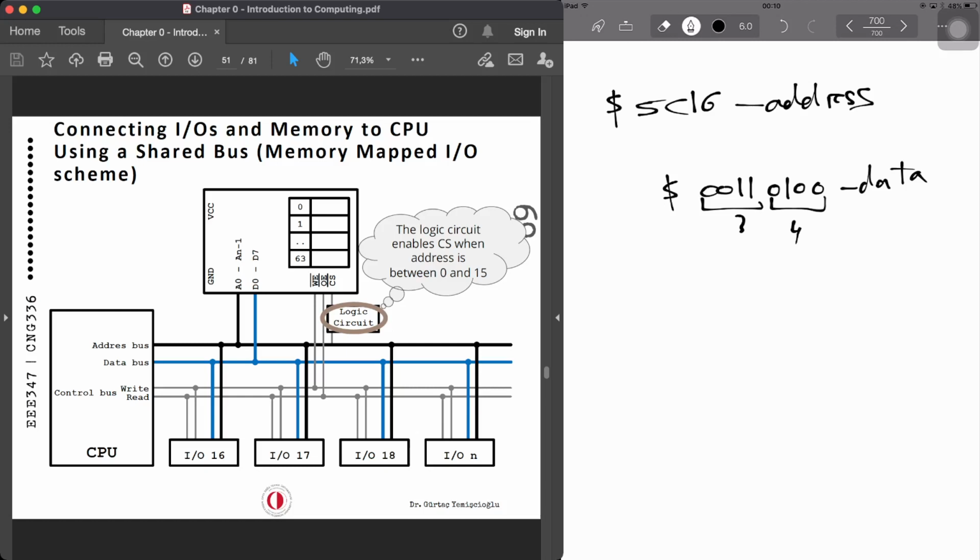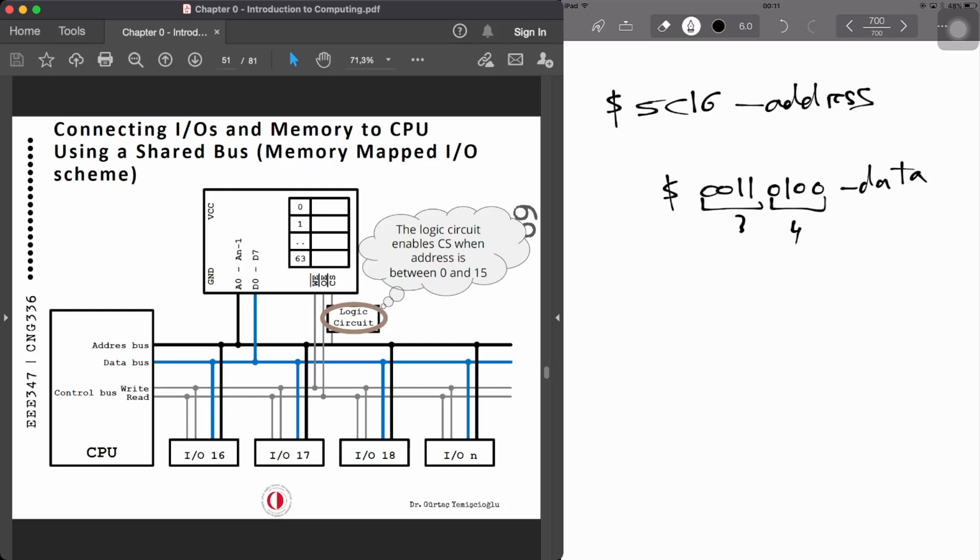It is the chip select pin that, along with read and write, allows the flow of data in or out of the chip. So no data can be written into or read from the memory chip unless the chip select is activated. So how are we going to activate that chip select?